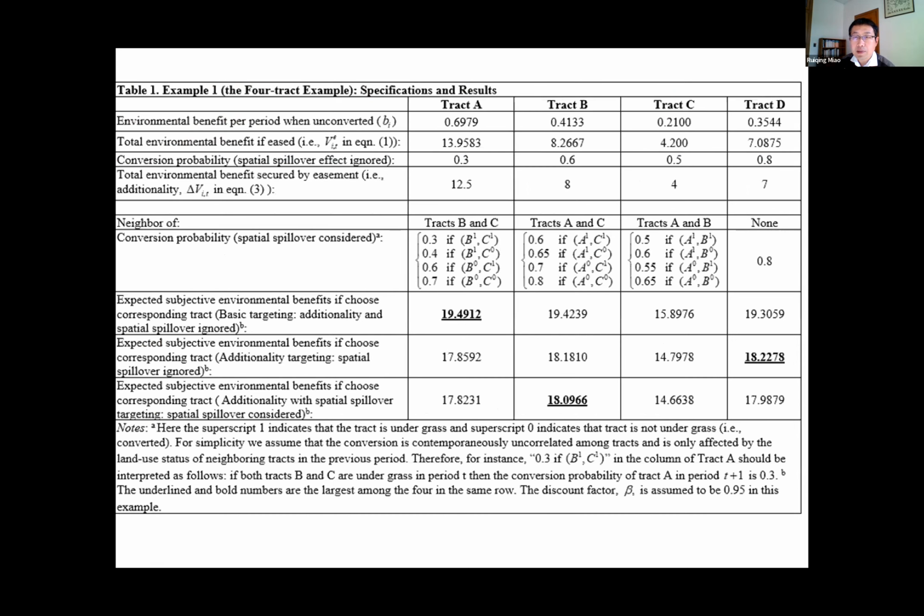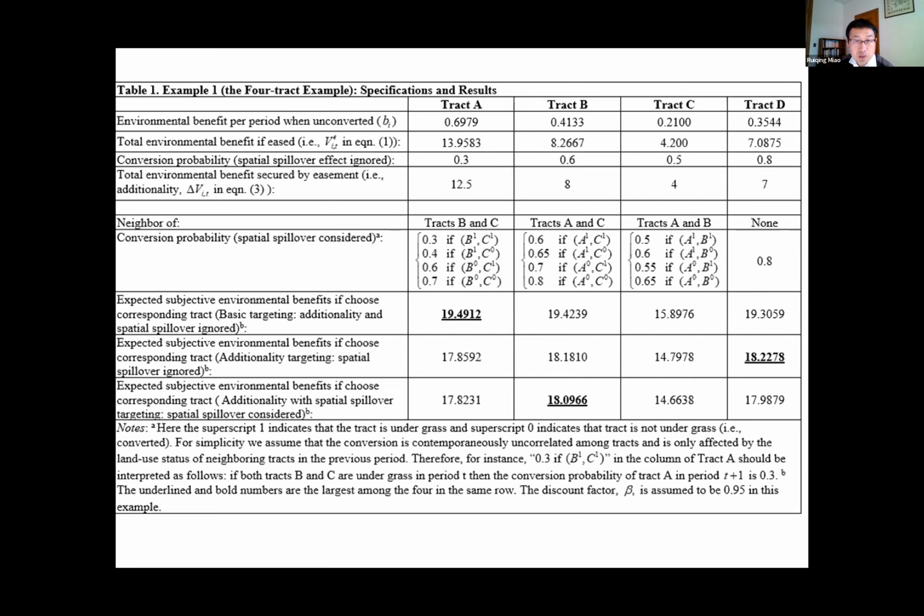So these are some parameters we put for the 4 tracts. For example, if you look at tract A, the environmental benefit per period provided is 0.6979. This number is purely hypothetical. We just put those numbers there, and we'll solve the optimization problem based on different targeting strategies.